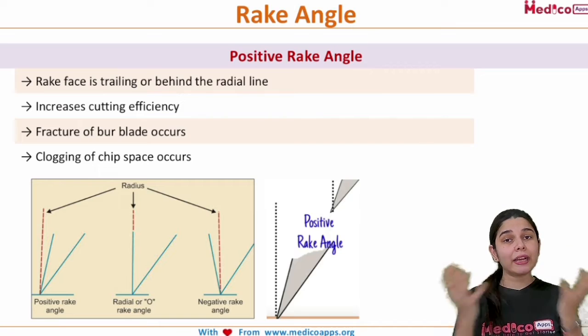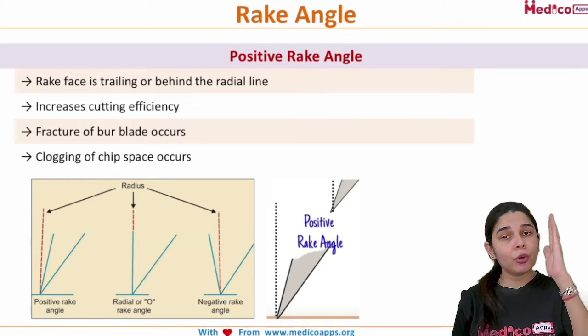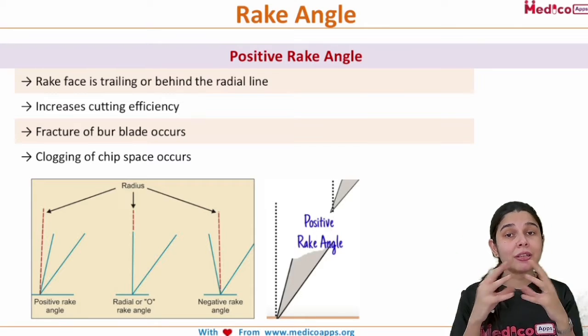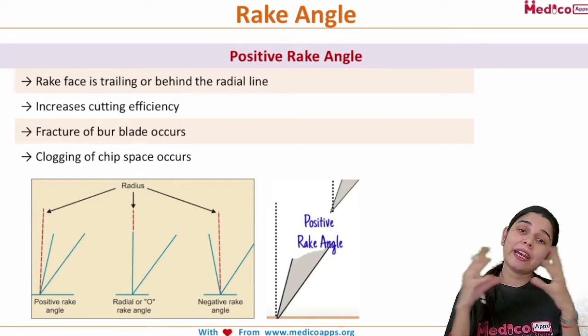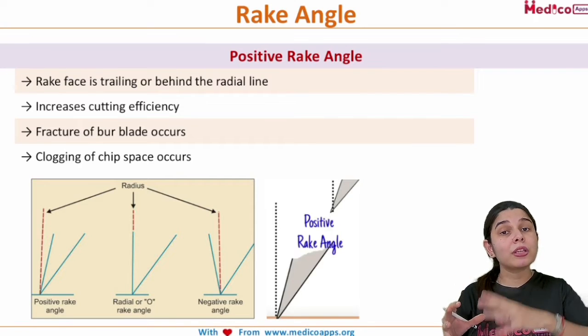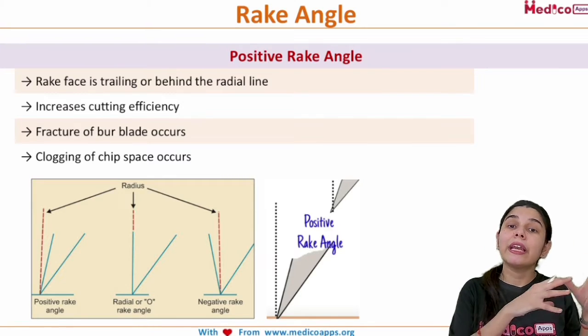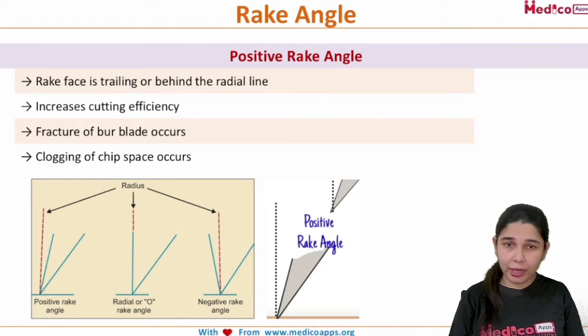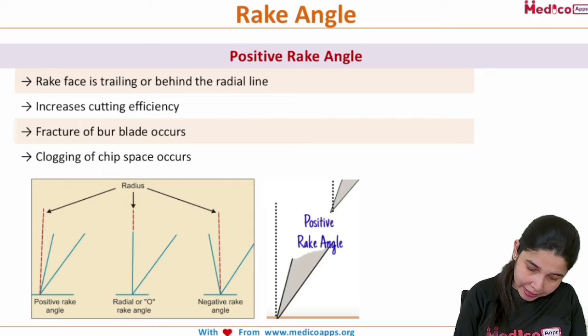Now, what exactly is a positive rake angle? We know the two terms, rake face and radial line. They are the master key points for our rake angle. So when it was moving ahead, it was a negative rake angle. Now, if it is moving behind, as you can see in this second image, this is the radial line, and this is the rake face.